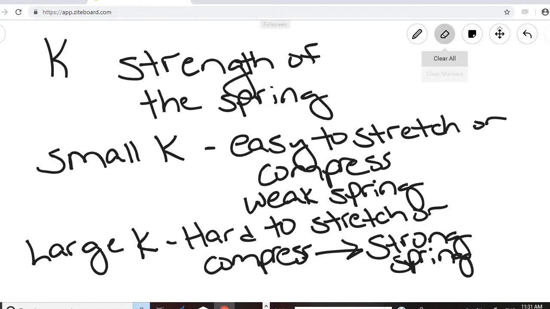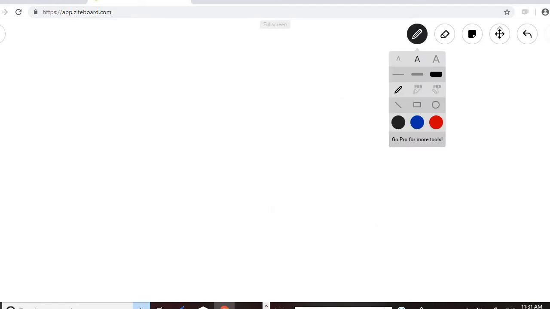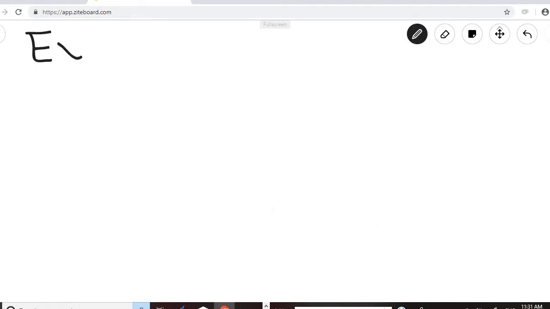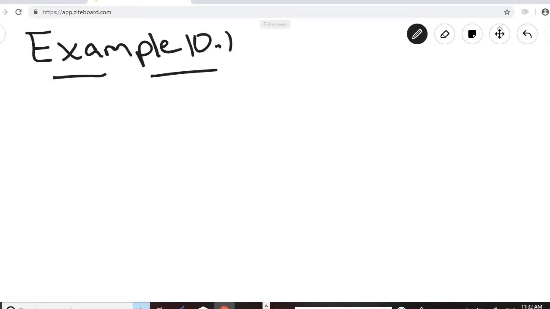Okay, so let's look at example 10.1 in your book, which is on page 322. And in this problem, we have a spring.